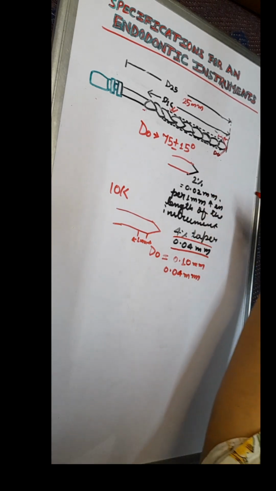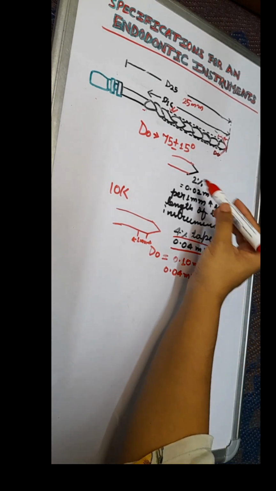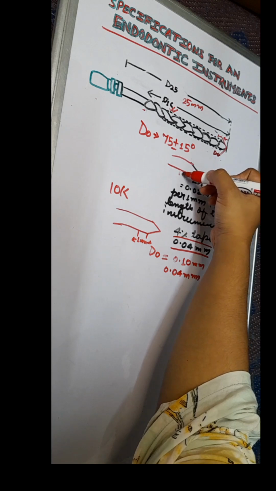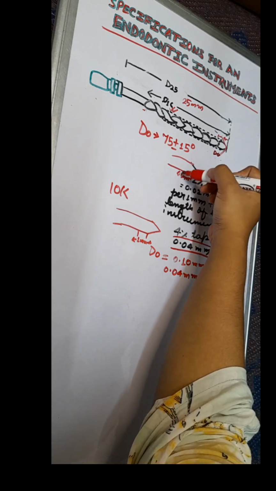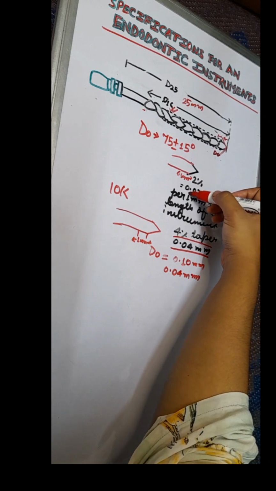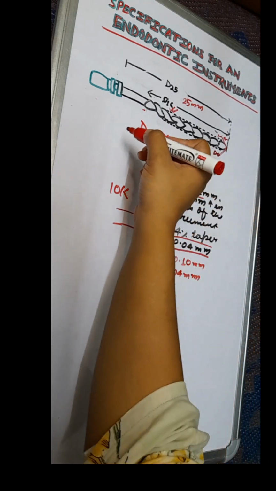Like I said, in 2% taper, with every millimeter increase in the length of the instrument, the diameter would increase by 0.02 millimeter.